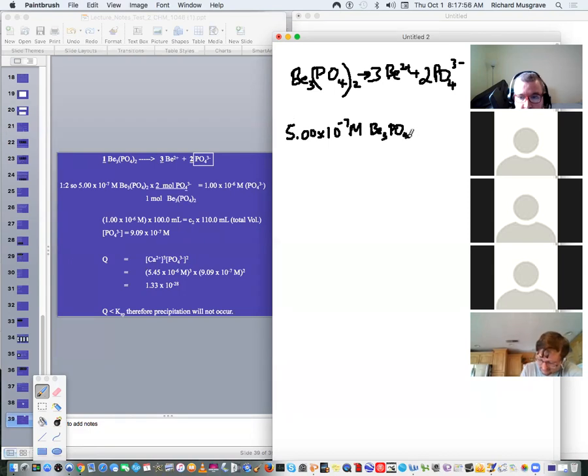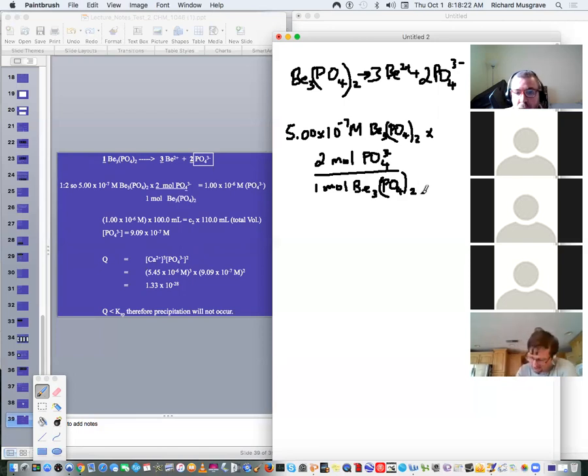But what we're interested in is how much phosphate there is in that specific solution. And it's going to be times 2 moles of phosphate for every 1 mole of Be3(PO4)2. So there's an example of a compound that doesn't have the same initial concentration as the thing we dissolved in the solution in the first place, which was the salt, the beryllium phosphate.